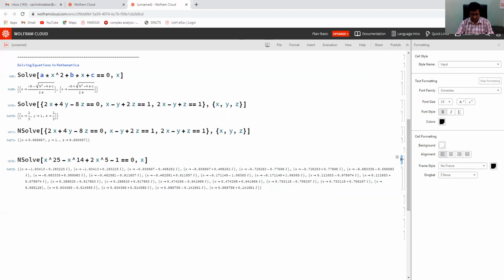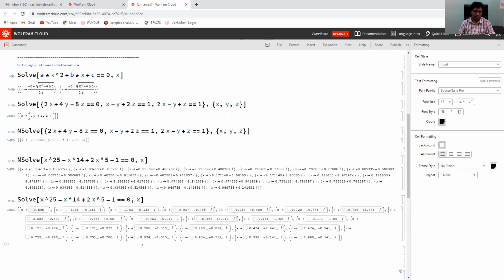We can check whether solve provides answer for this equation. Okay, solve is still providing solution, but actually solve is not providing exact answer.